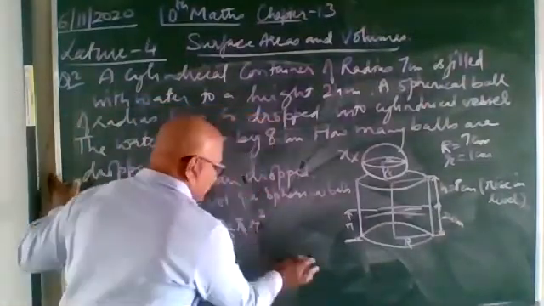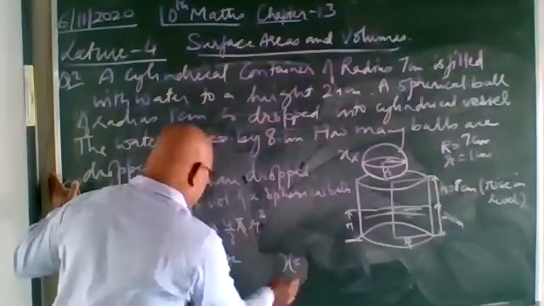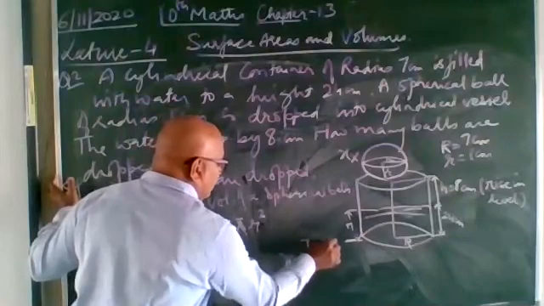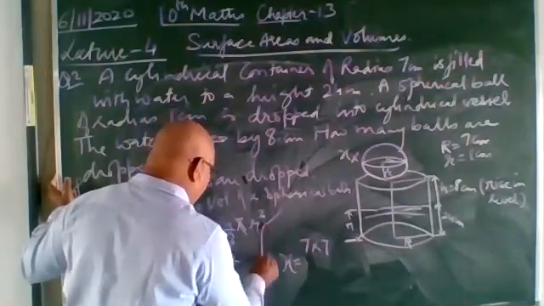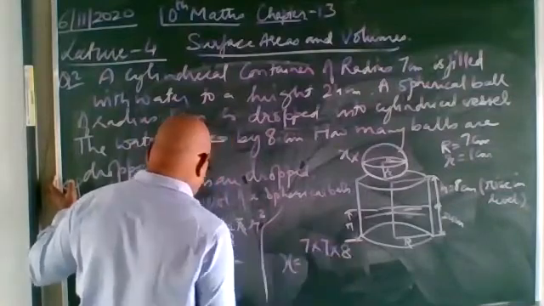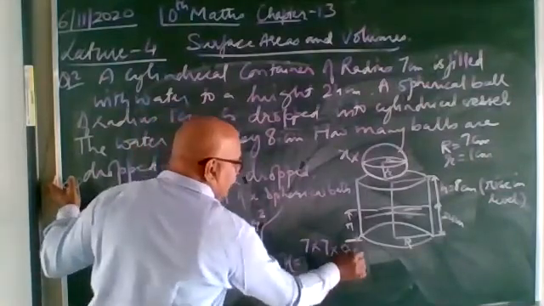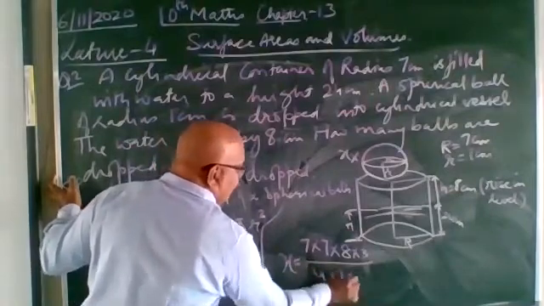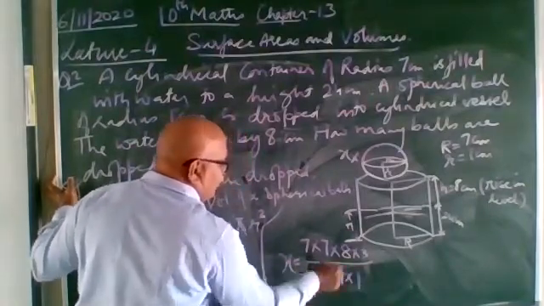So x equal to capital R is 7 into 7, h that is 8, into 3 upon 4 into 1 into 1. So 4 to the 8.